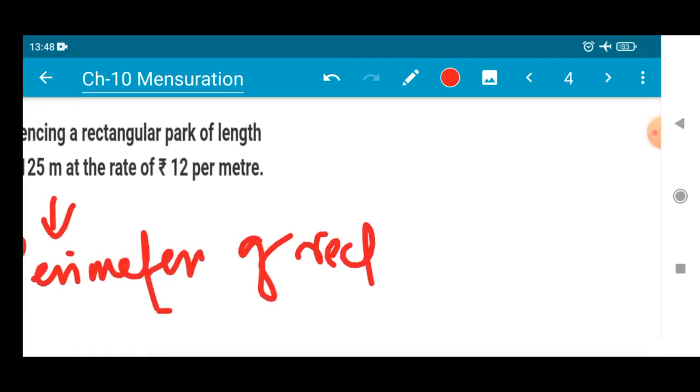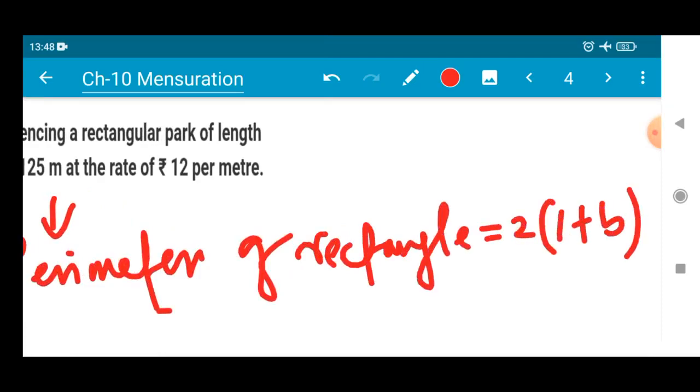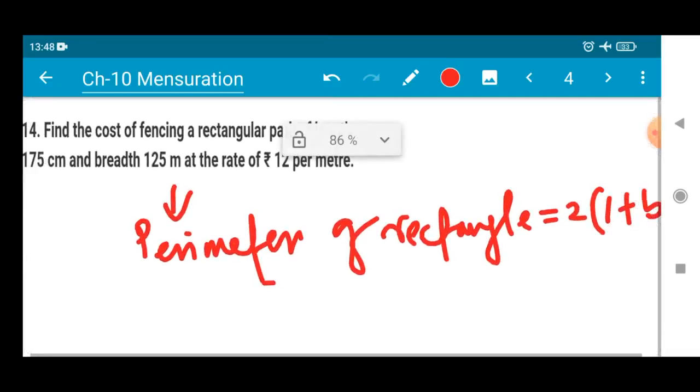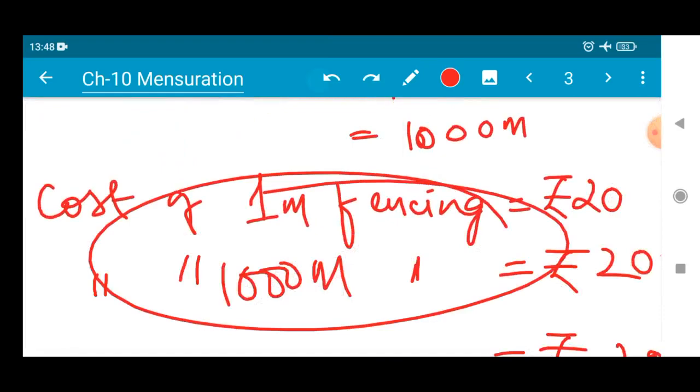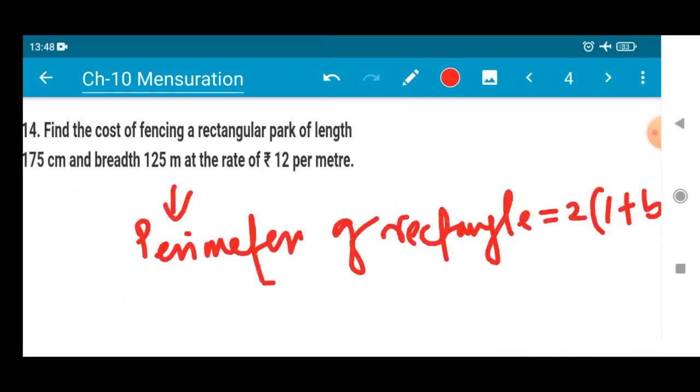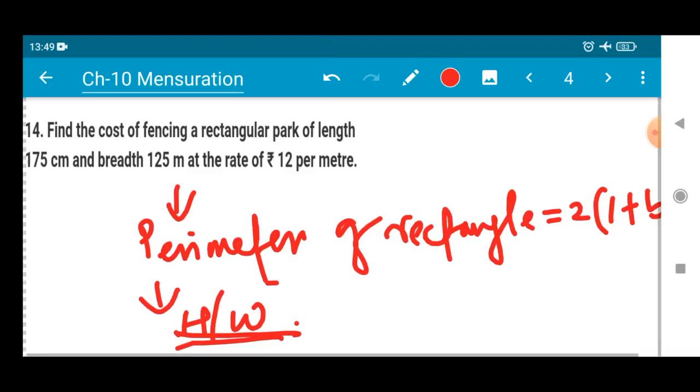Perimeter of rectangle formula you all know, I guess. It is 2 into length plus breadth, isn't it? If we get the perimeter, then in a similar manner to how we did in the previous question, cost of 1 meter is 12, then find the cost of the total perimeter you got. So I request you all to do this yourself, comment down your answer and verify it.